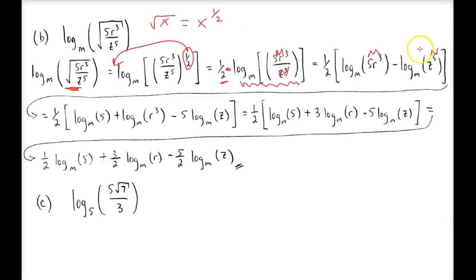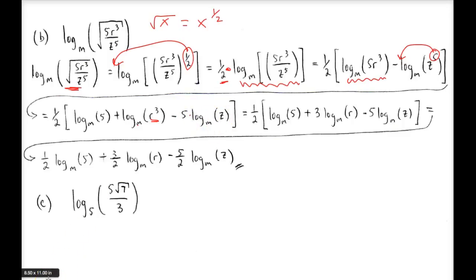So from this point, we know that we can take this 5 and pull it out. And we also know that since we have 5 times r cubed here, we can split up this term into 2 separate terms, namely log base m of 5 plus log base m of r cubed. And then if we pull out the 5 via property 7 out of the last term's exponent, we just have 5 times log base m of z.